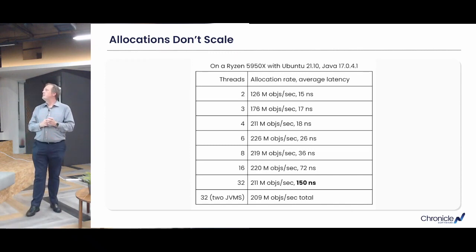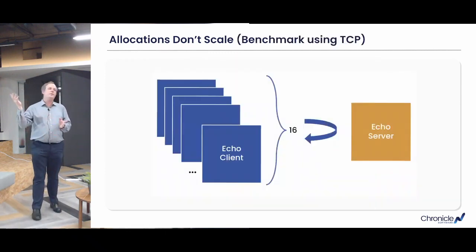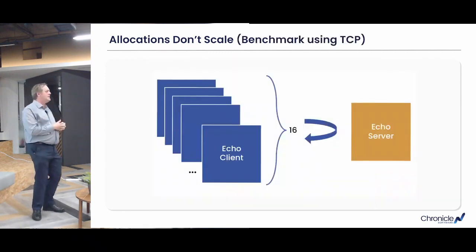So if we move on. I've got a slightly more realistic test where we were sending events over network connections over TCP. Again, it's all on one machine to keep it simple. It's going over loopback, but in this case, I'm sending events as fast as possible.